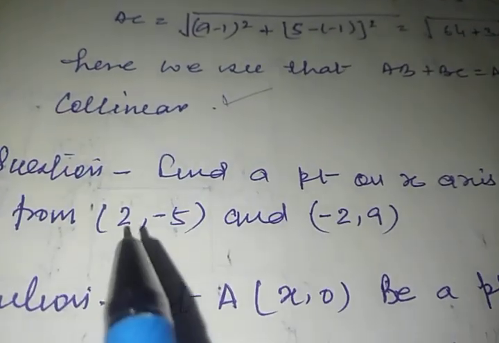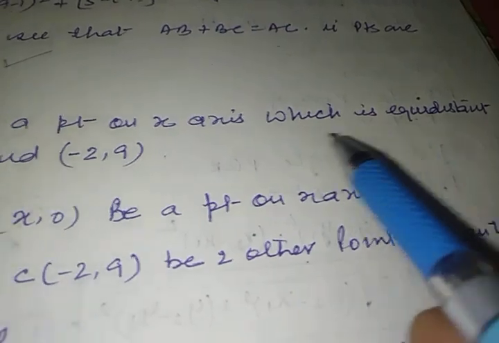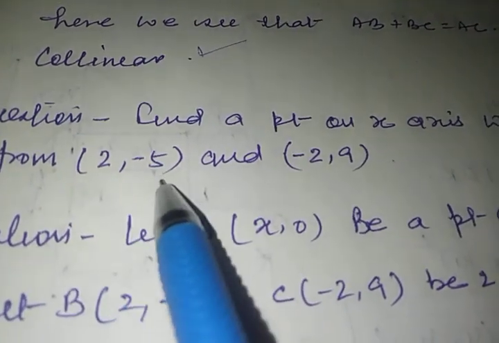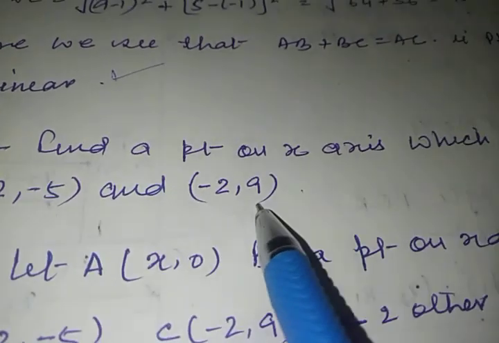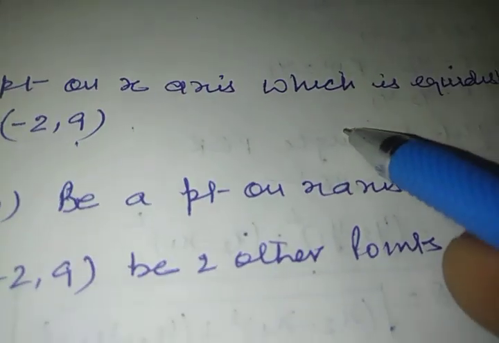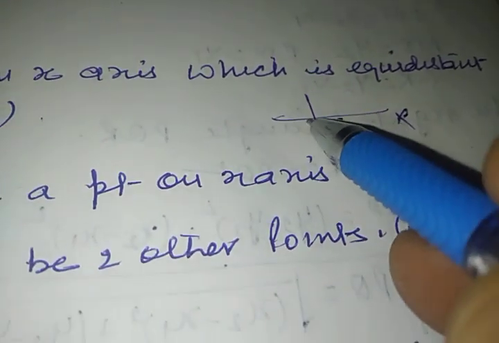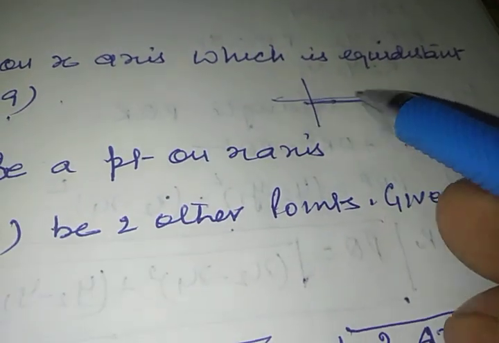Now second question. Find a point on the x-axis which is equidistant from (2, minus 5) and (minus 2, 9). So now you know that on the x-axis, there is no y, so y will be 0.